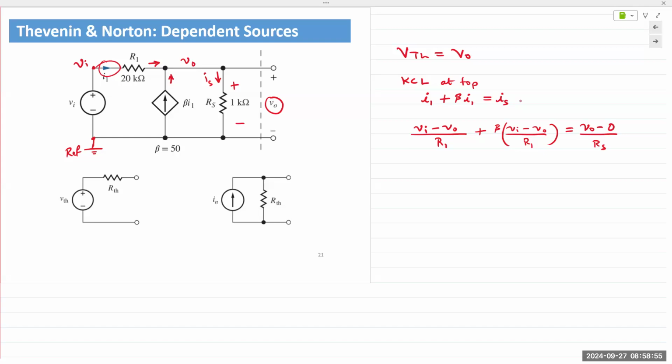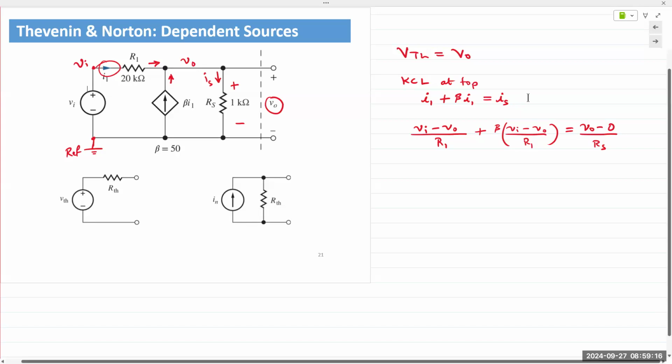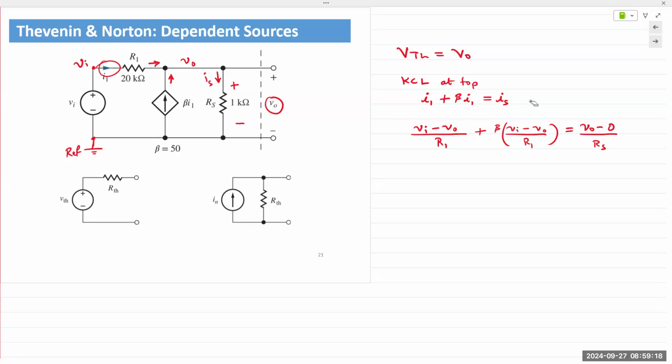Conversely, if current is going from left to right, we are stating that the left node is higher in electric potential than the right node. So the arrow is going this way, and VI must be higher than VO. So it's VI minus VO divided by R1. And then VO minus 0 divided by RS, because that current is flowing down.